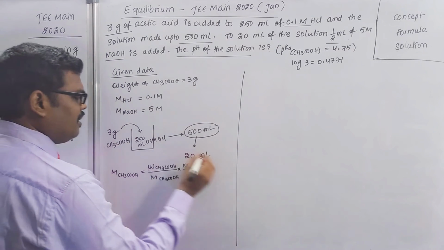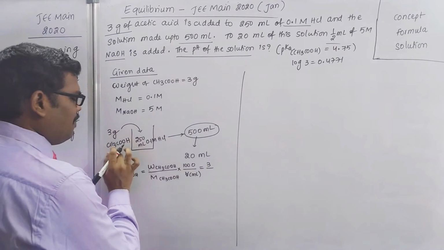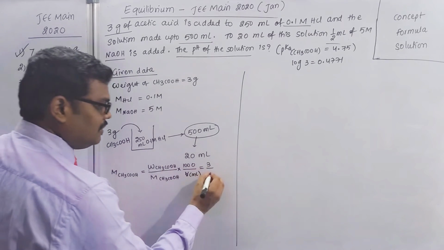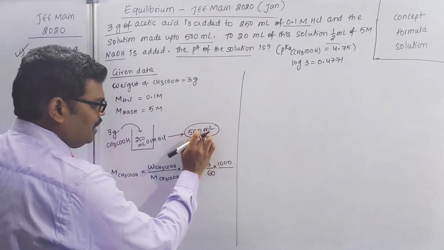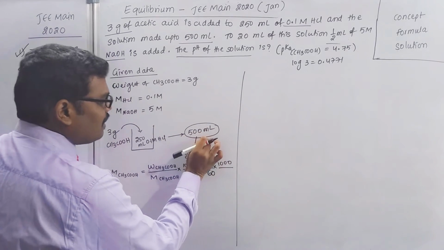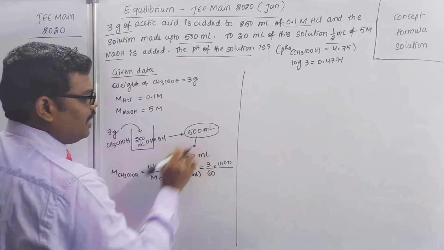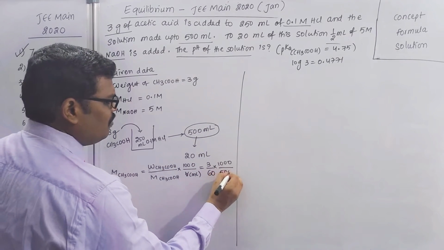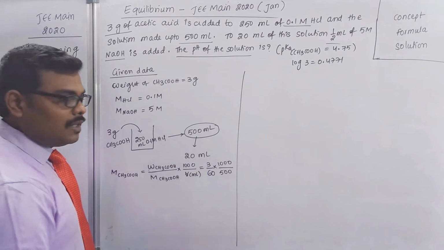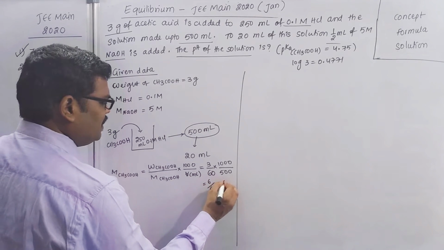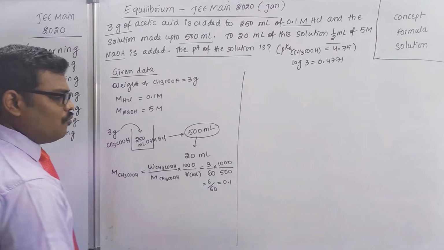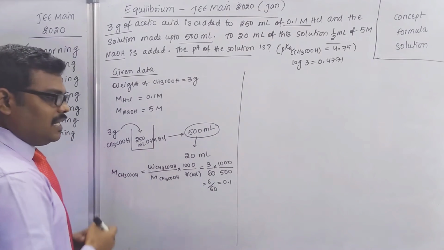Your given weight is 3 grams. Gram molecular mass of acetic acid is 60. 1000 by what is the total volume? Total volume is increased to 500 ml. Now we get 6 by 60. From this we get 0.1.